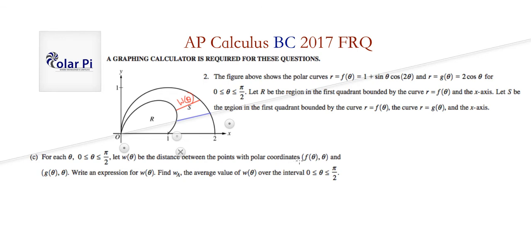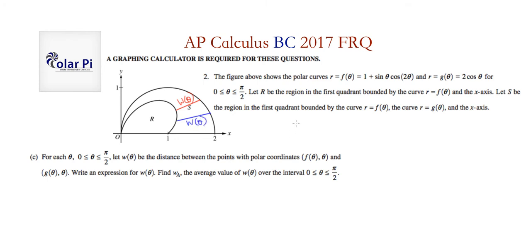If you're calculating the distance on the two curves, then it's just the difference of G and F. Remember, G is the outer curve, and F is the smaller inner curve. So you'll do G minus F, and that's what W of theta is.